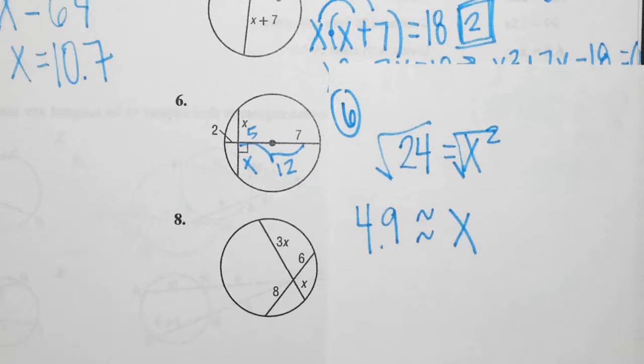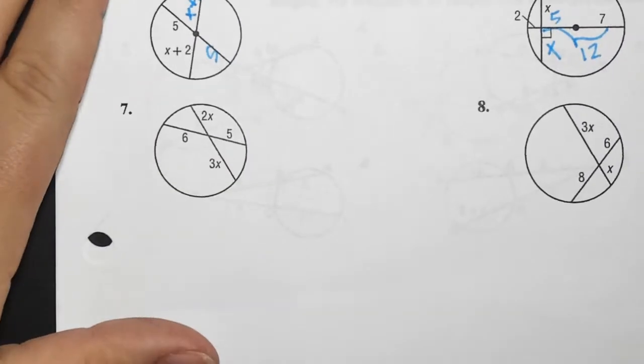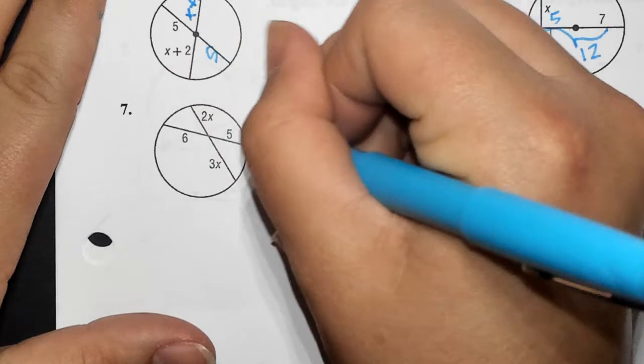You get 2.2 and 4? So this should be 2 times 3 is 6.